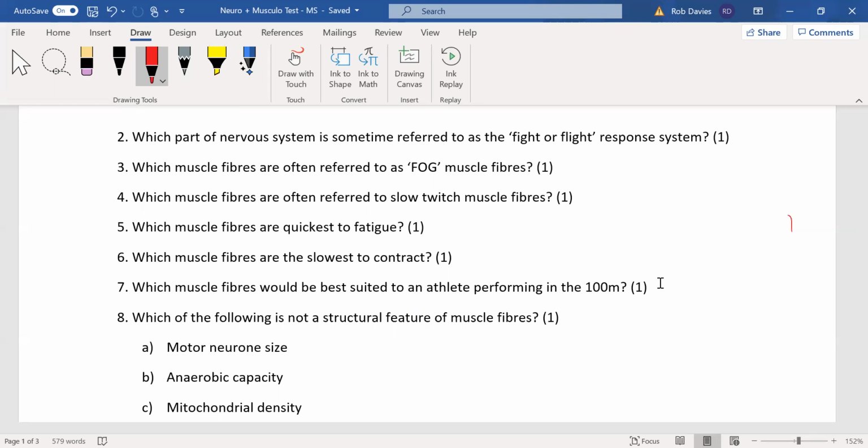Number 6, which muscle fibers are the slowest to contract? That is type 1, it's the slowest of the 3 to contract. Number 7, which muscle fibers would be best suited to an athlete performing in the 100 meters? That is type 2X again. So the FG muscle fibers.